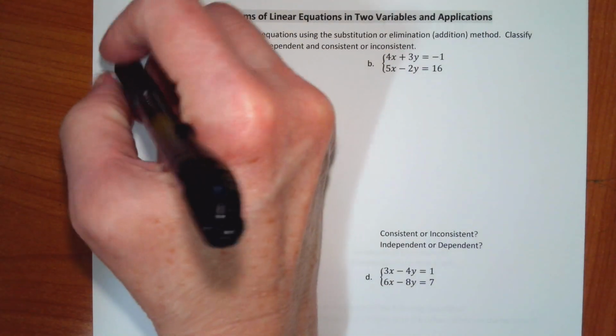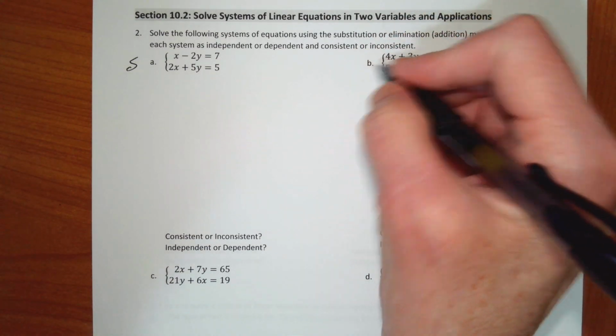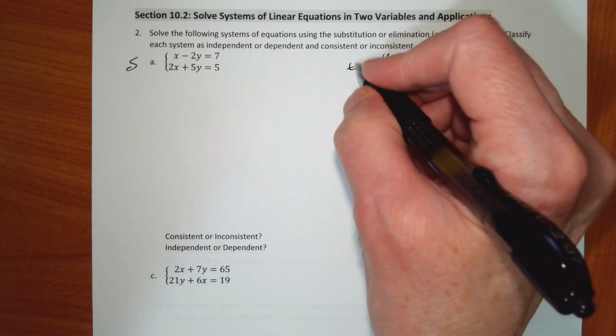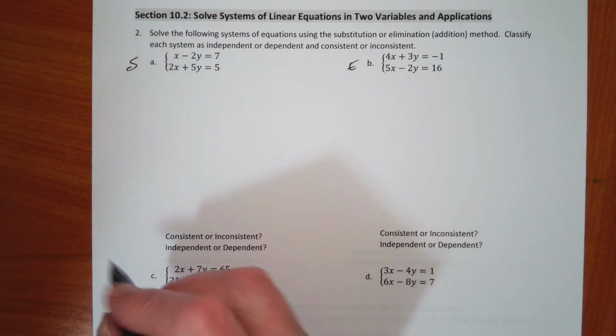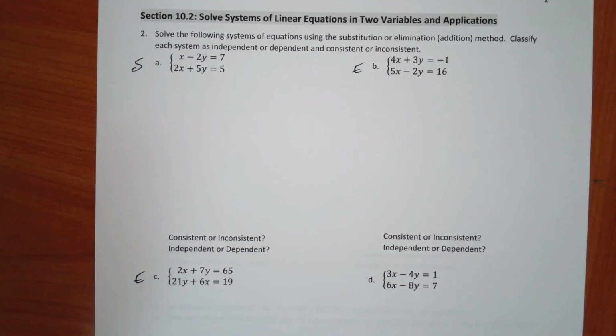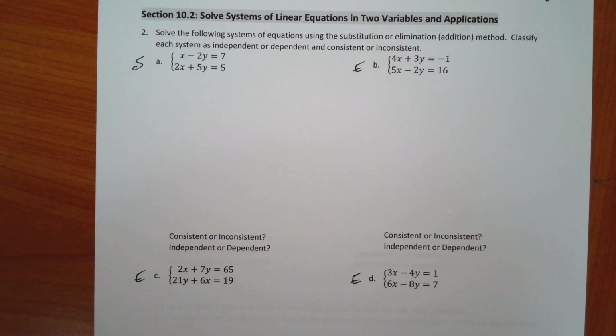So here I would use substitution. Here I'm going to use elimination, also called the addition method. Here, since everything's nice and lined up, it's not going to be easy to solve for x. So this one I would do by elimination, and this one by elimination. So like always, when you get to the test, you need to figure out, have they told you to do something specific or not?